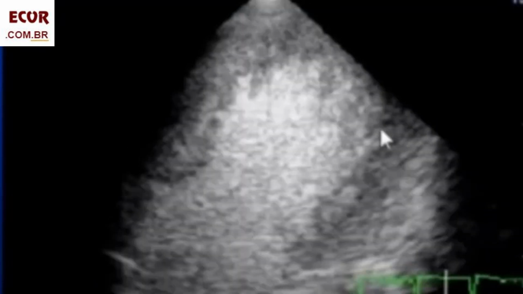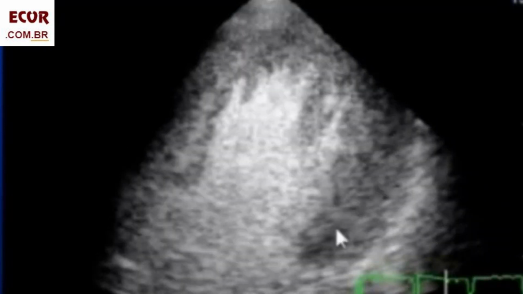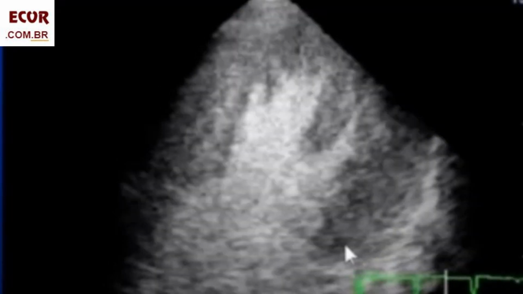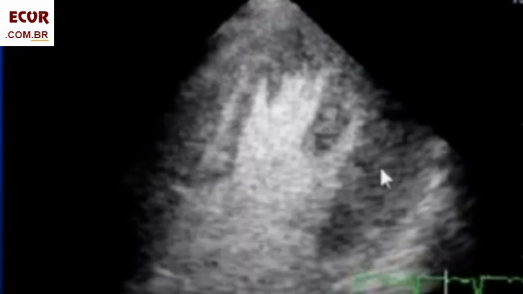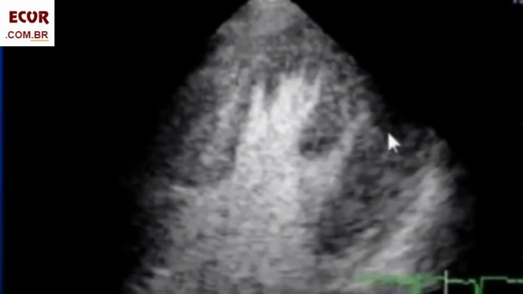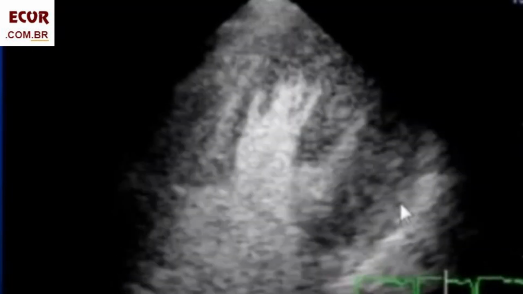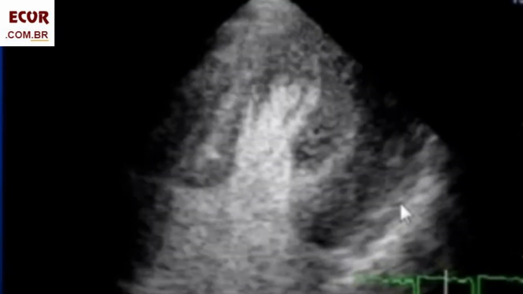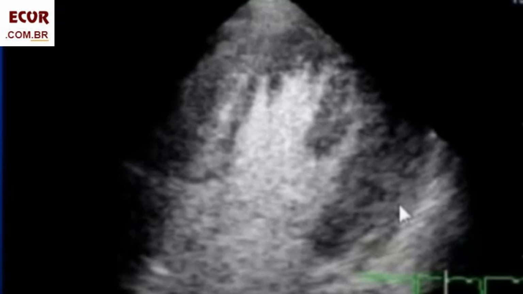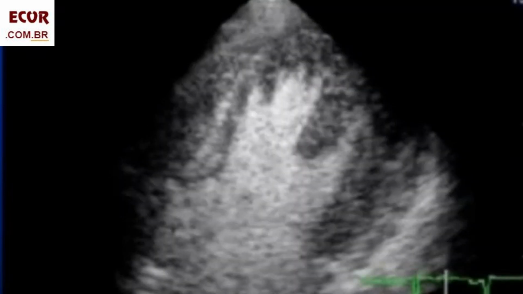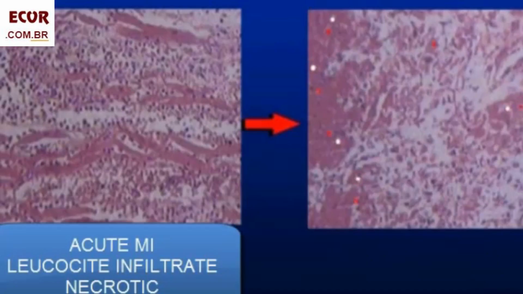See how it gets really black after adenosine, indicating it's ischemic. See how the IV septum gets brighter. It's not ischemic. This is what ischemia looks like. A wall that was perfused initially at rest, since it was kind of gray due to a normal microbubble quantity in the local microcirculation, and with adenosine became black.